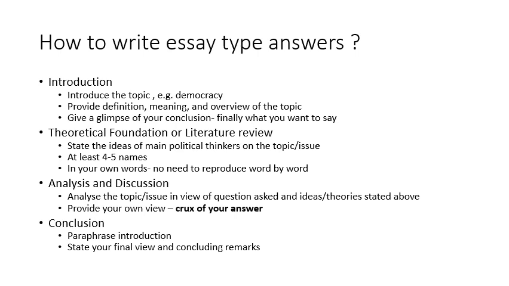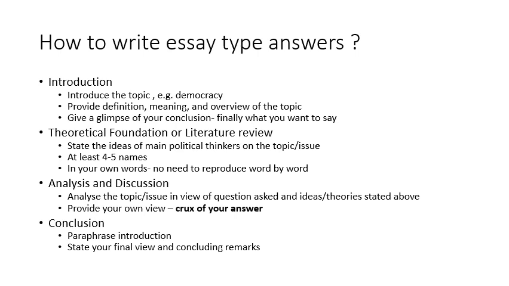Provide definitions, meaning, and an overview of the topic, of course in your own language. And then the most important thing, you may be surprised that you need to write your conclusion or a glimpse of conclusion, finally what you want to say. Yes, this is the right way to introduce. You give what you want to say finally.